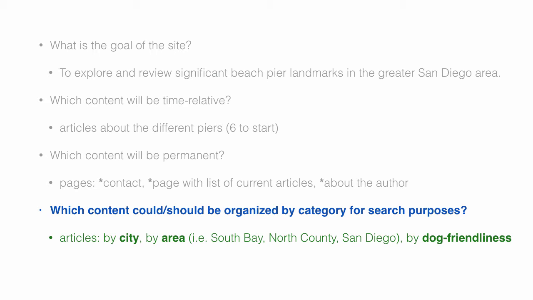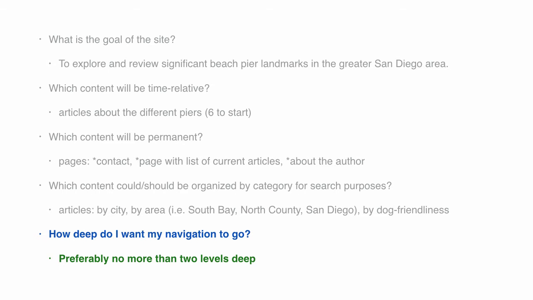Like, that would be something quite important to me if I wanted to know where I could take my dog. Maybe I'm new to the city and I need to know which ones are dog friendly. And that would be one of the first things that I'd probably search, regardless necessarily of what area it's in. So you'd have to think, do I want to include that sort of in my normal navigation?